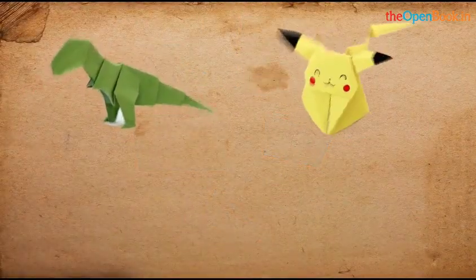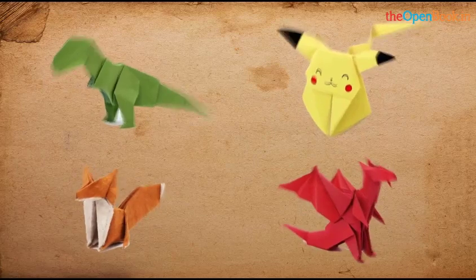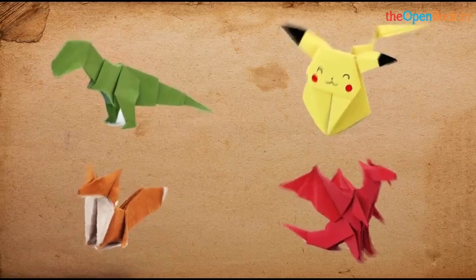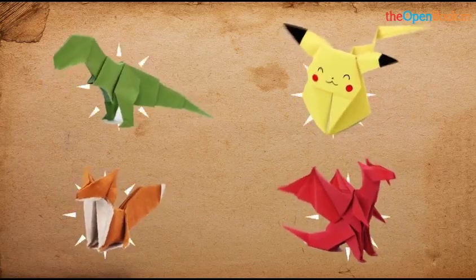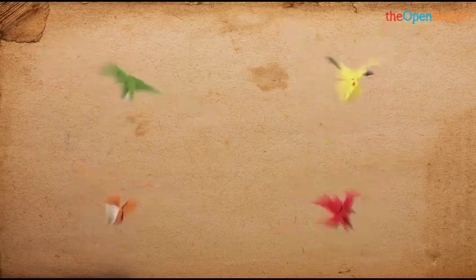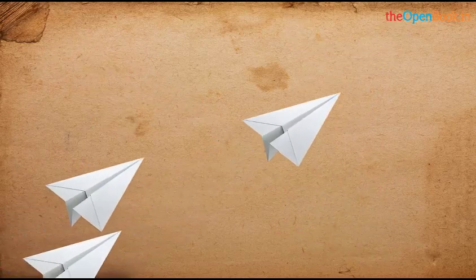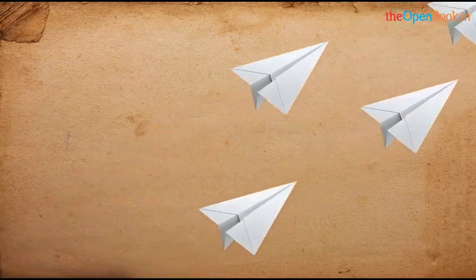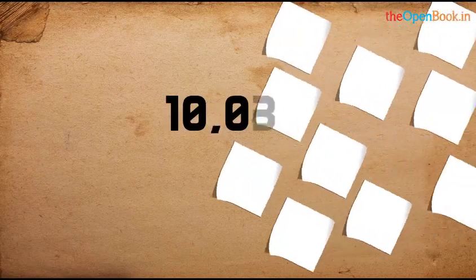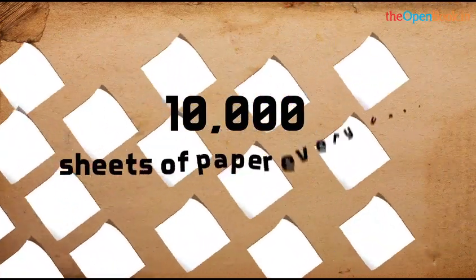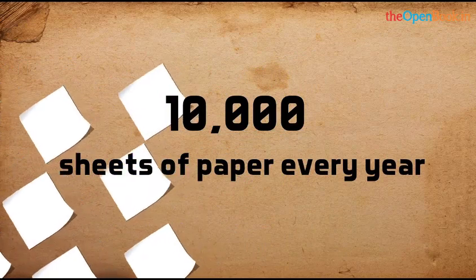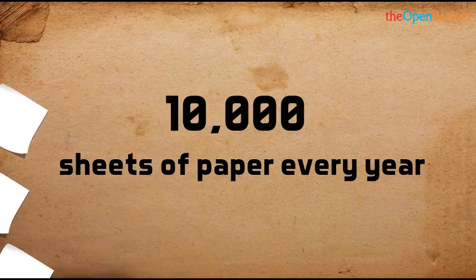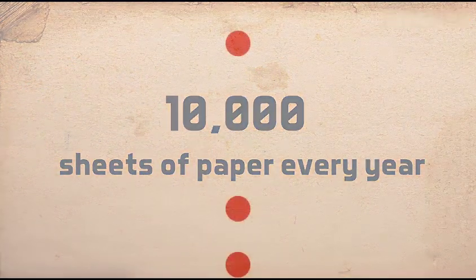The art of paper folding, origami, was developed by the Japanese in the early 17th century and came to the rest of the world in the 1900s. Paper aeroplanes were made, and that was another use to which it was put. We use a lot of paper every day, and an average office worker uses almost 10,000 sheets of paper every year.